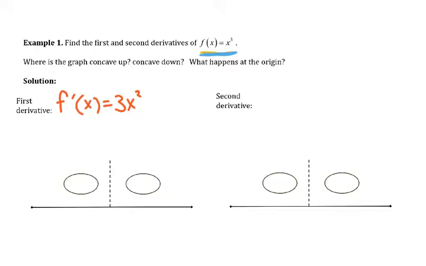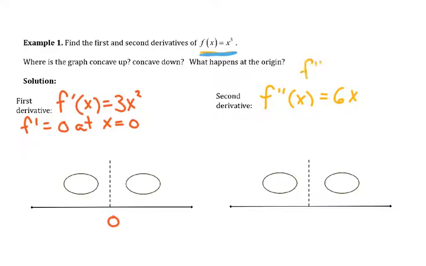And the second derivative, f double prime of x equals 6x. Okay, so the first derivative has a critical point at x equals 0. And the second derivative is 0 when x equals 0.